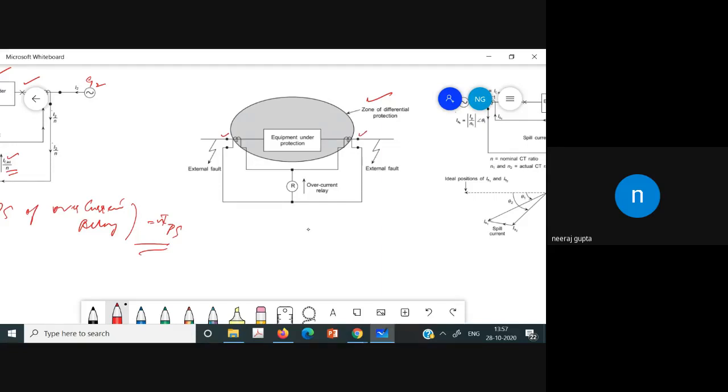So this is a well-defined and closed zone of protection, and the circuit breaker will trip if the fault occurs between these two CTs. A fault external to that is the external fault, which is also known as the through fault.